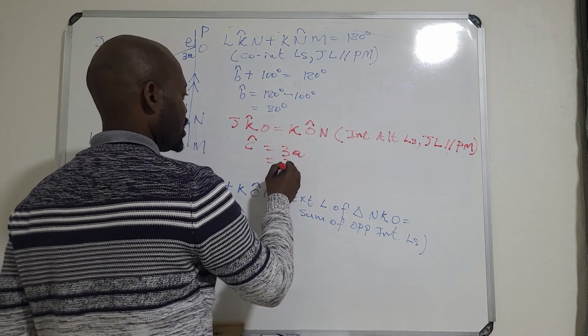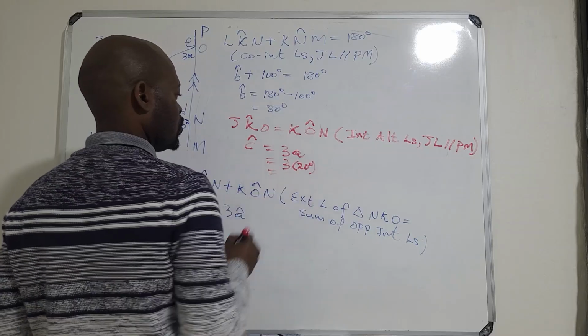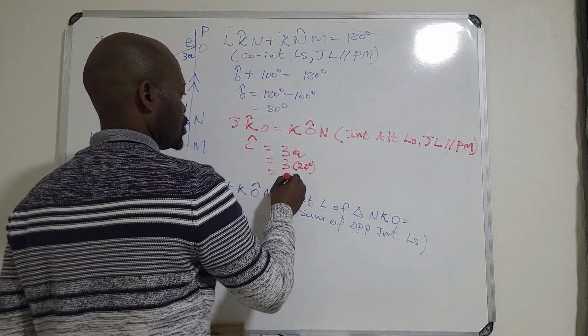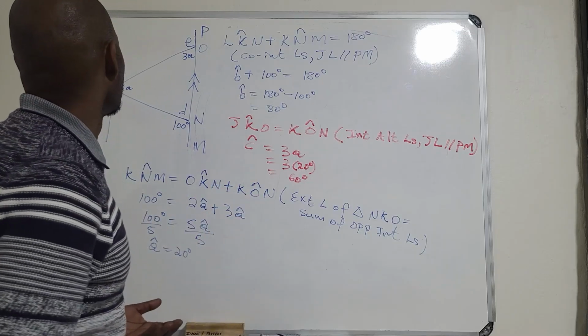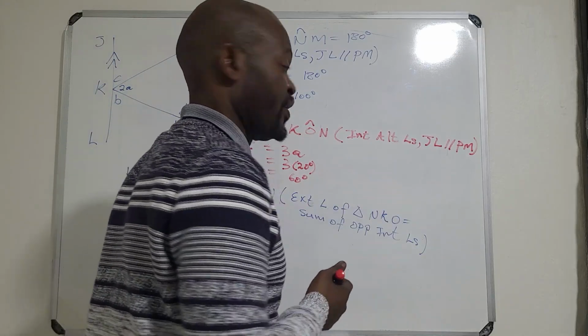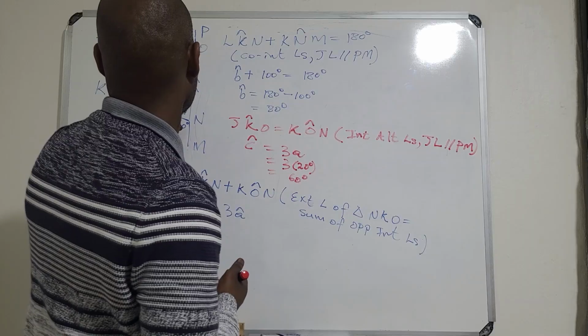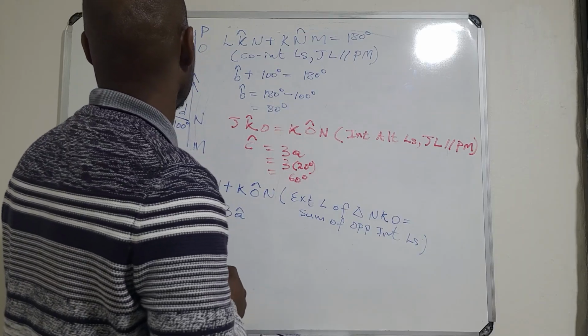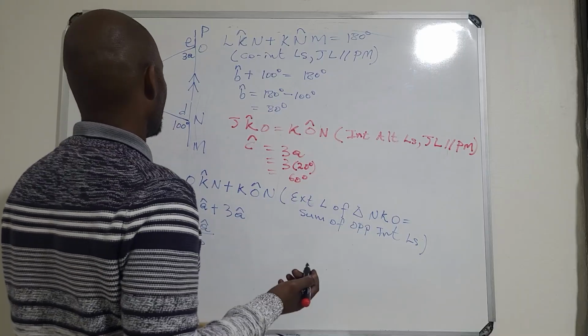Therefore, 3 times 20, which is equals to 60 degrees. We could have also used many ways of dealing with that. Now, we can find D. Now, for us to find D, obviously, we can use him. It's not a problem.